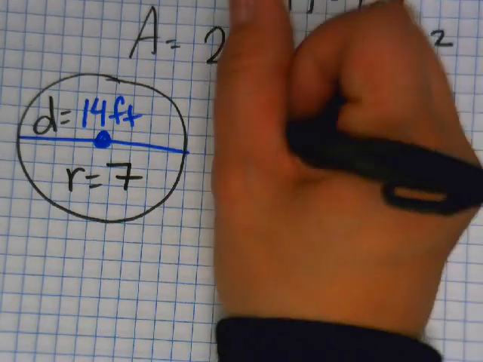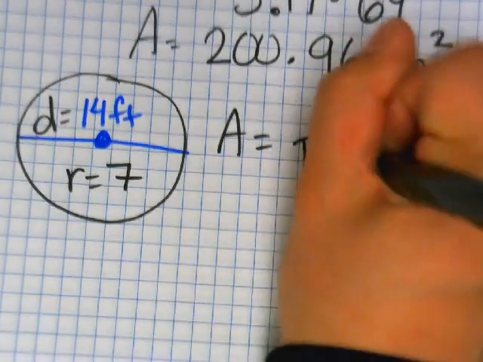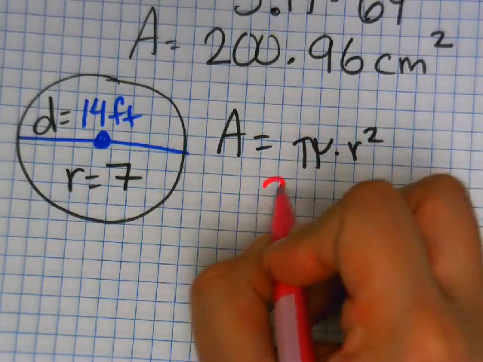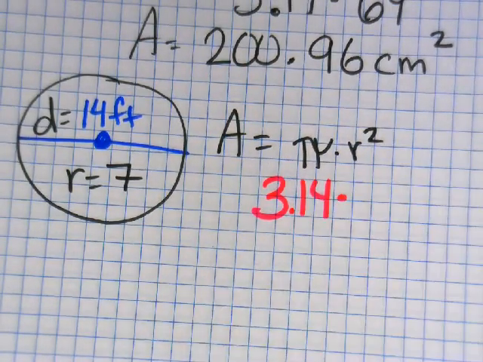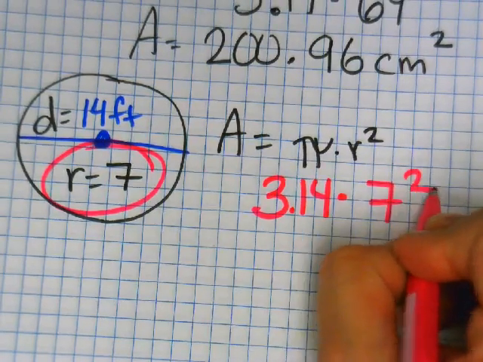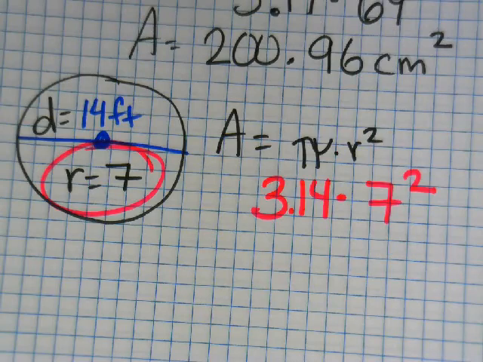All right. Area is equal to pi r squared. What's pi? What's radius? Squared. Good. Not 14. We don't do 7 times 2. We do 7 times 7.